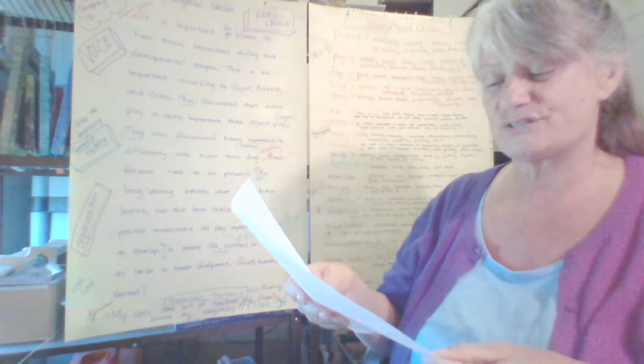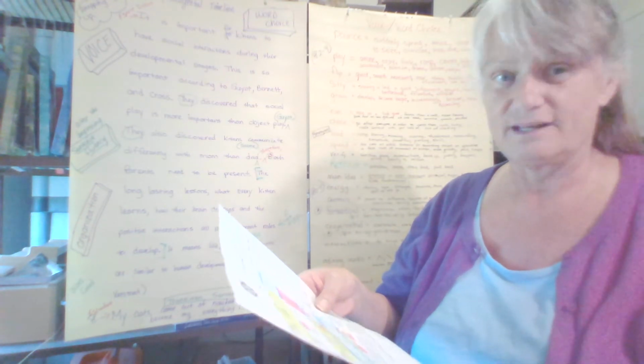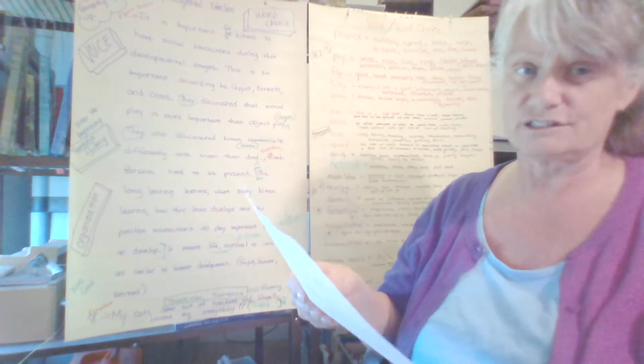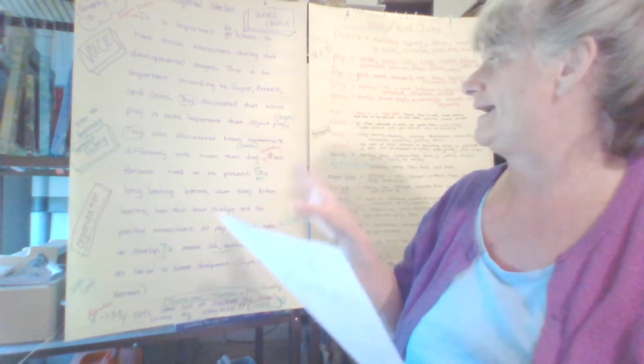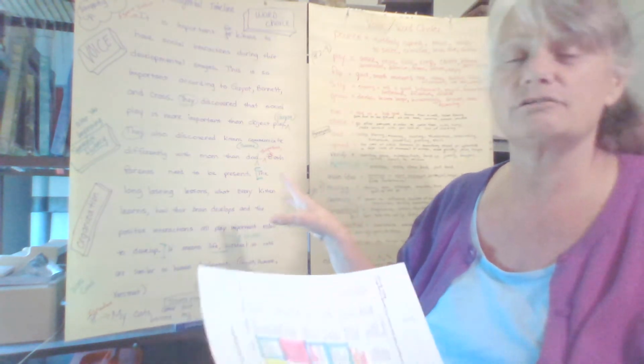In conventions, exceptionally strong control of standard conventions of writing means your sentences are in complete control. Your spelling is in complete control. You do not have any misspellings. You do not have anything that's not punctuated correctly.